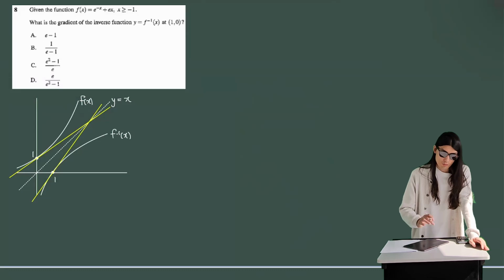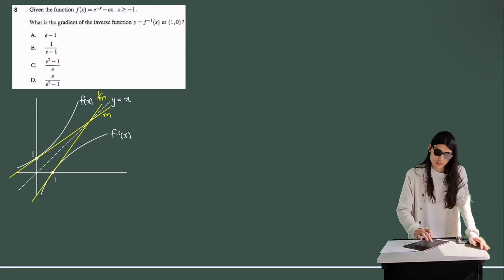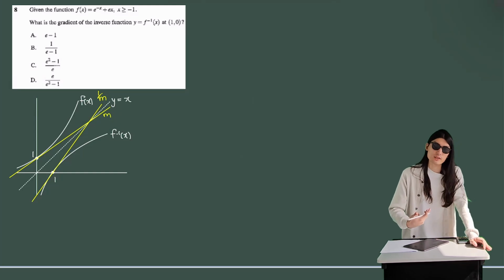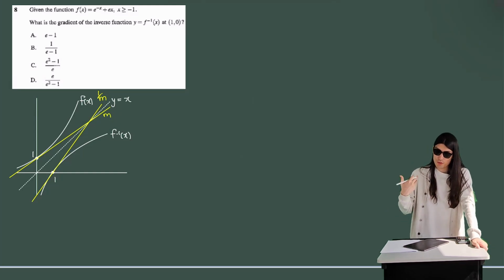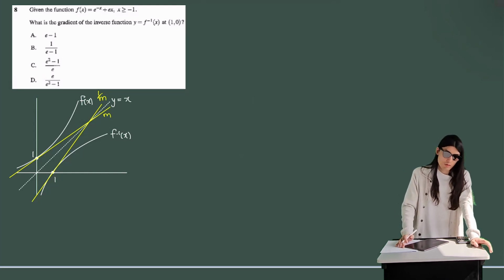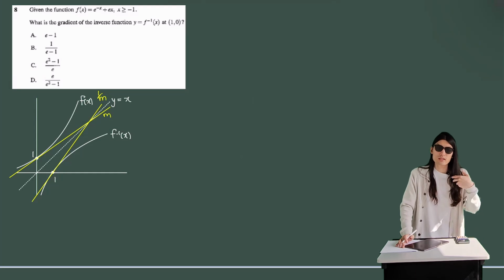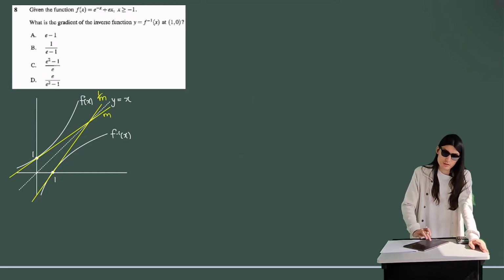So if one of these tangents has a gradient of m, then the other one has a gradient of 1 over m. That's the property that I was trying to talk about from the beginning of the question. If you remember this property, then the question is really easy to solve. If you don't remember this property, then the question can get a little bit difficult to solve. But yes, remember this for the HSC, okay?